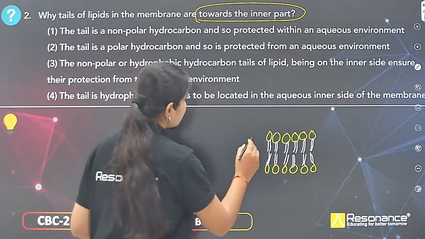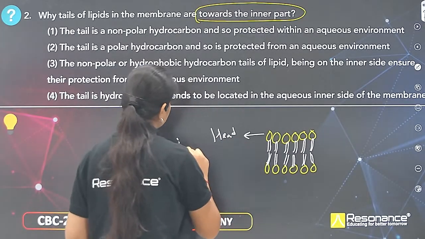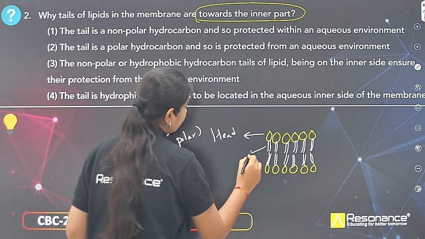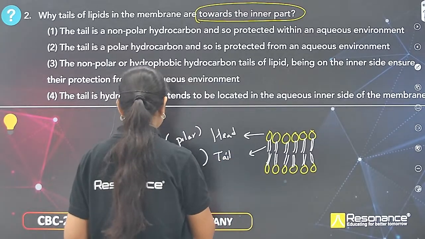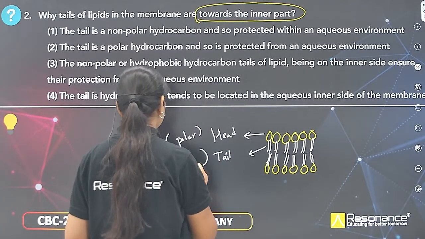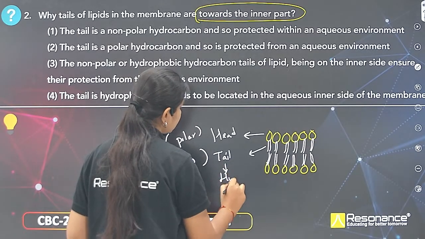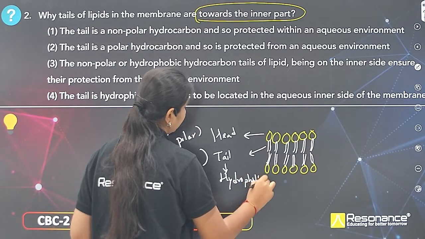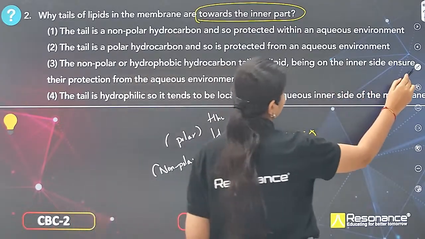This is the head, which is polar. And this is the tail, which is non-polar. The tail is hydrophobic. What is the head? It is the hydrophilic.